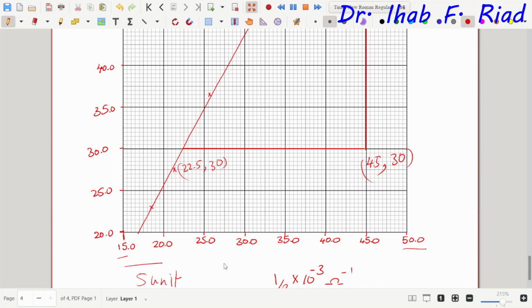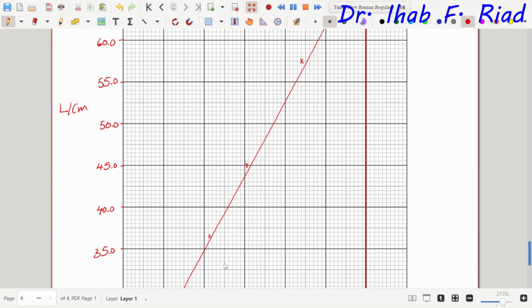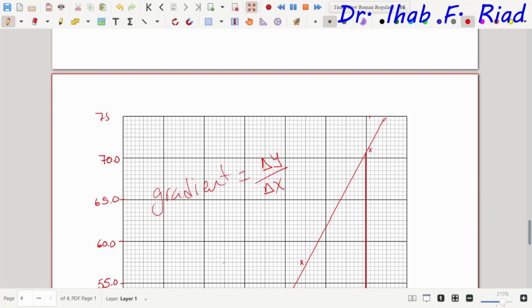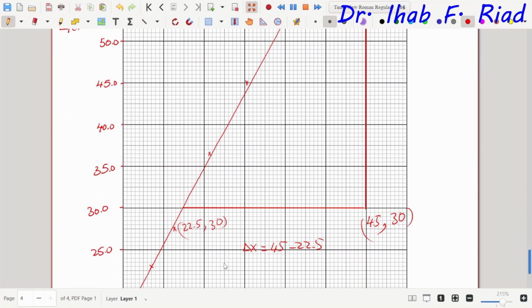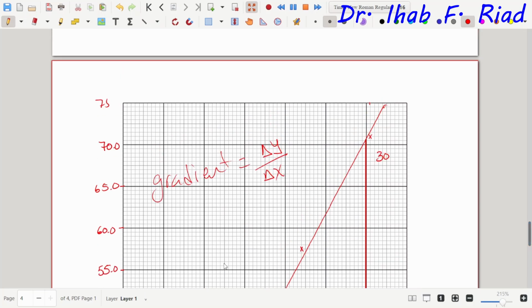Okay, so what is the change in delta x? It is 45 minus 22.5. What about the y-axis? So this point is 30. Are we 30? Yeah, no, 45.